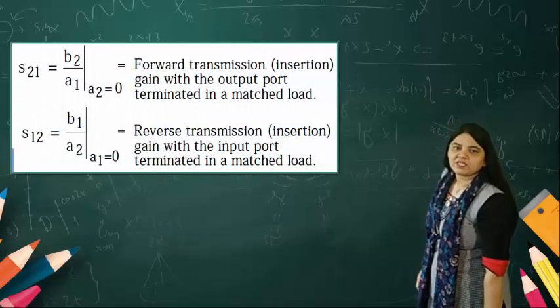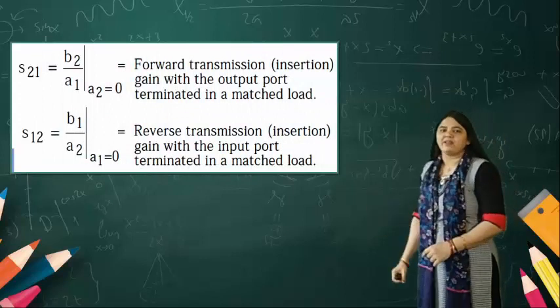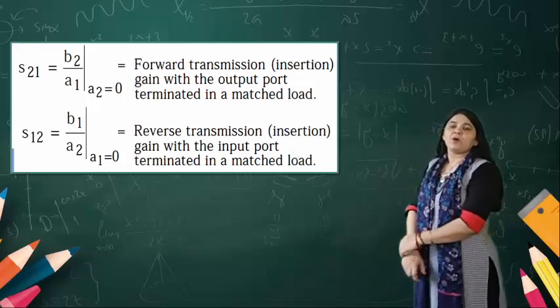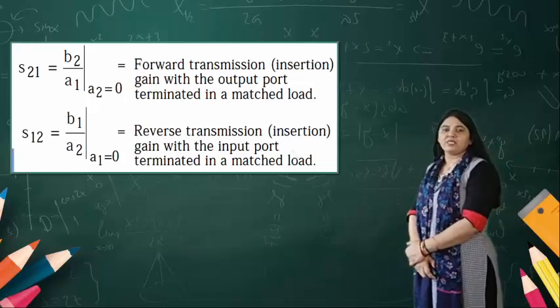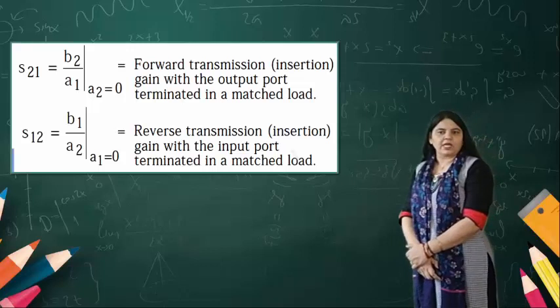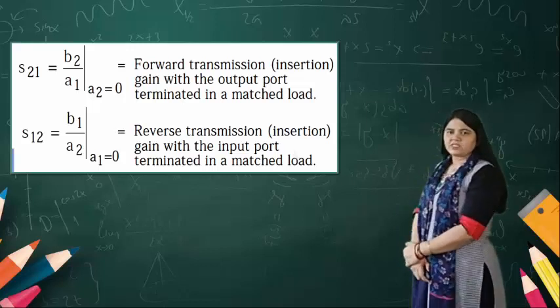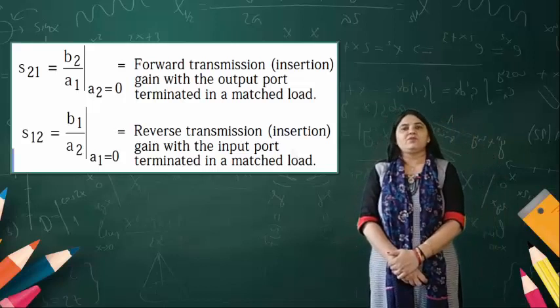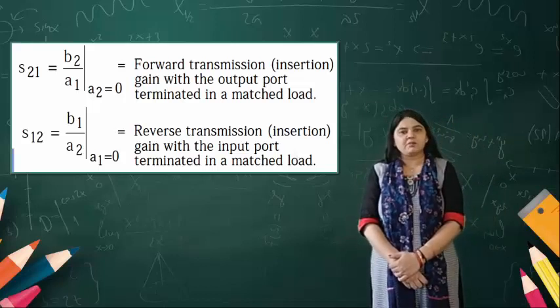The other parameter is S21. S21, okay, it is what? B2 upon A1, where A2 is equal to 0. Okay, so A2 is 0 means port number 2 is connected with the match termination.